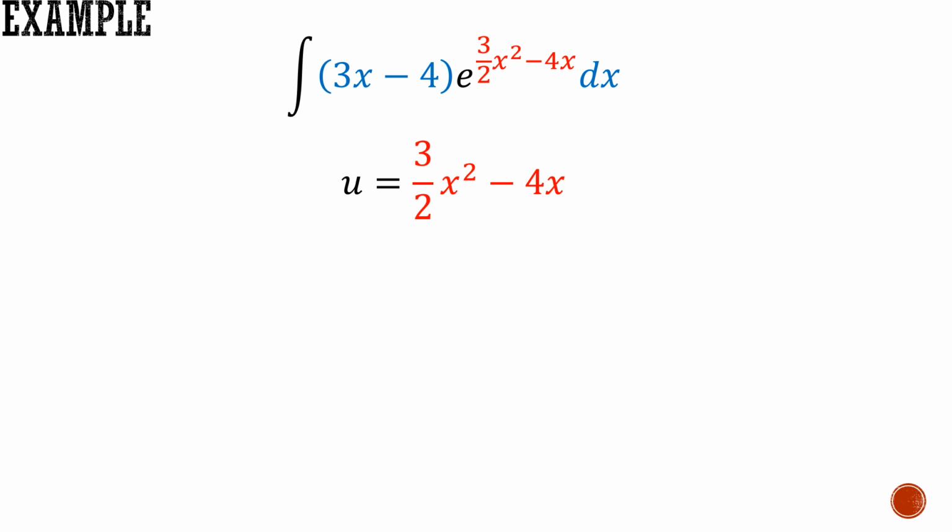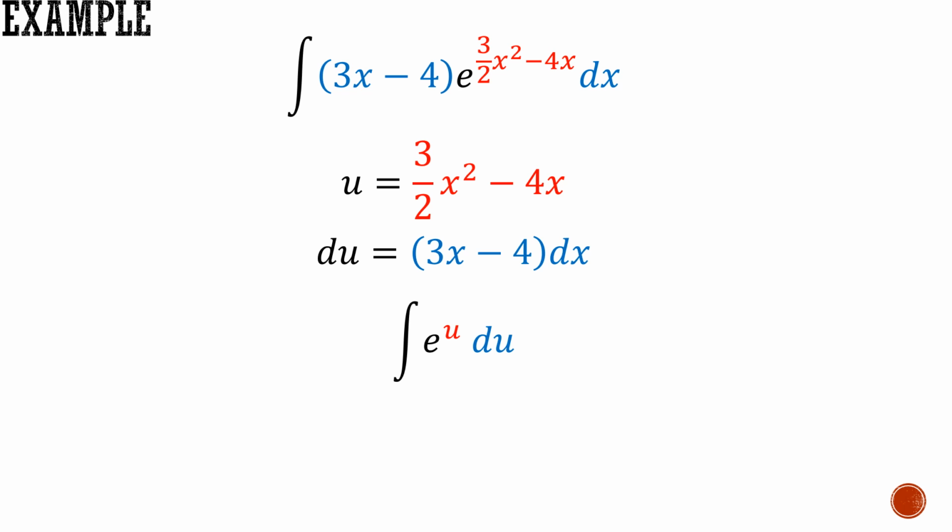Now, when I take the derivative to find my du, I take the derivative of 3/2 x squared minus 4x, and I get du is (3x minus 4) dx. Now, if you notice in the problem, this du that we found is this blue piece and this dx part over here. So this whole blue piece is now going to become my du.